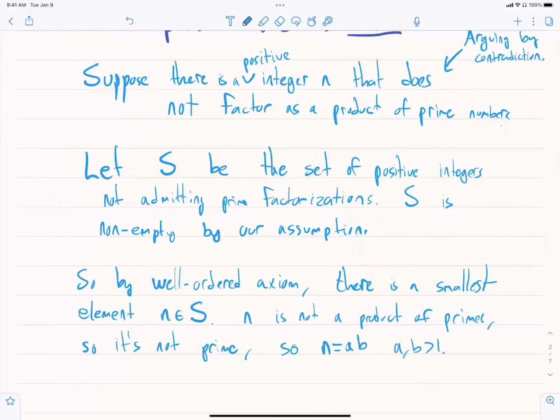Not just positive, greater than 1. I mean, I guess really everywhere I should be saying integer n greater than 1. So let me change that. Just because 1 is not a product of prime numbers, because 1 is not a prime number. So sorry, I should have said integers greater than 1 everywhere. Okay.